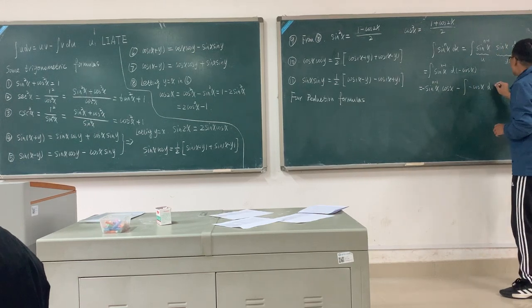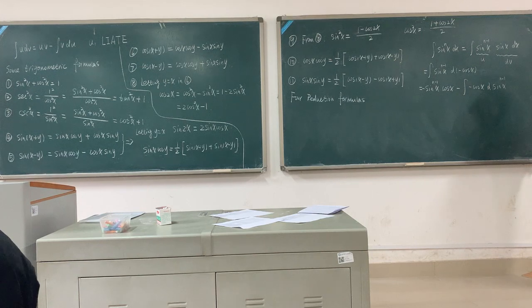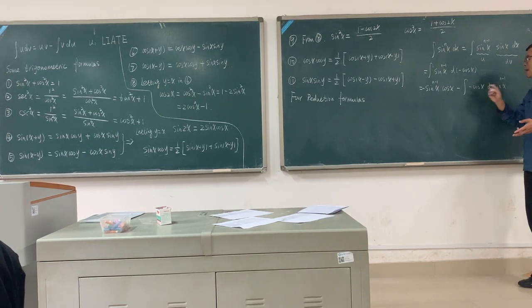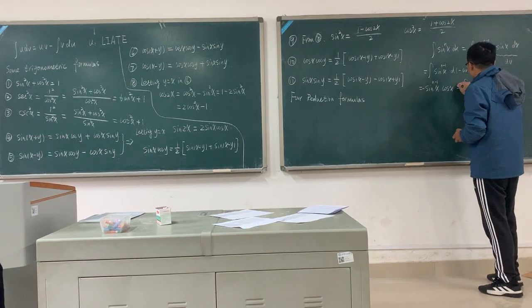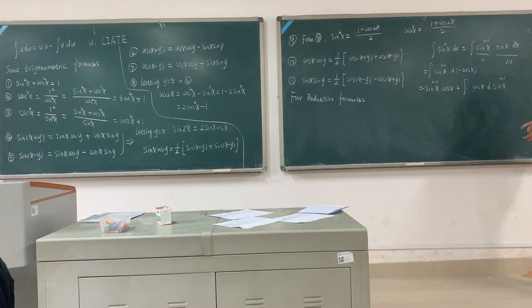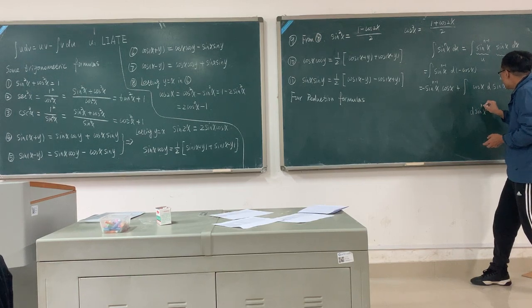Du, u is sin x to the n minus 1 power. So here minus, minus, so here is plus. Now we need to find d sin x to the n minus 1 power.